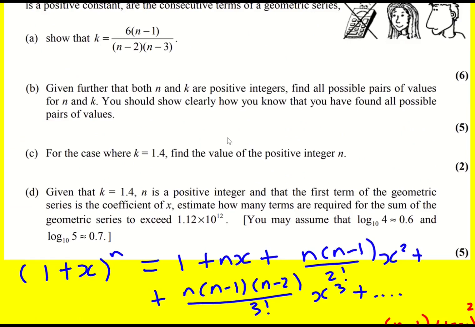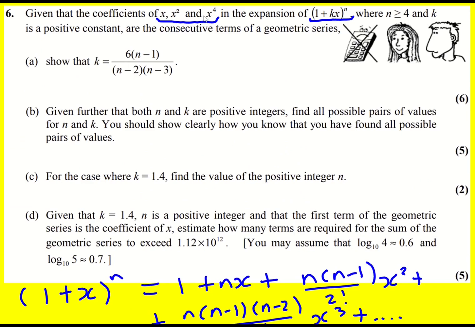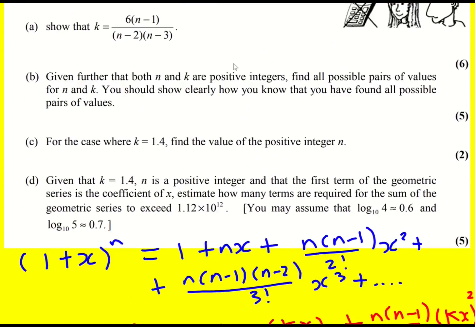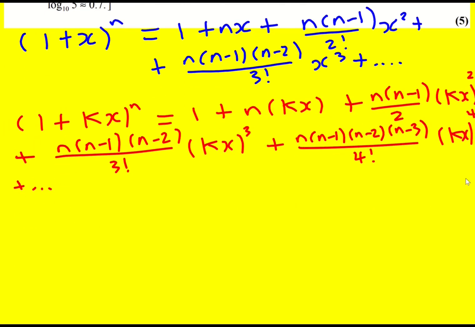So we're then told that the coefficients of x, x squared, and x to the 4 form a geometric sequence. So here goes. This is the coefficient of x. It's a series technically. A series is when you're adding them. I'm just going to write it as a sequence.